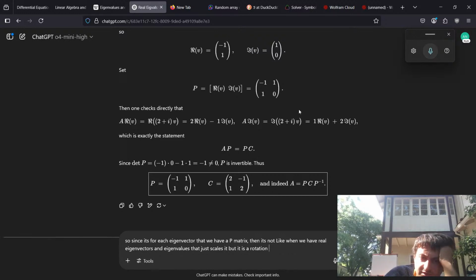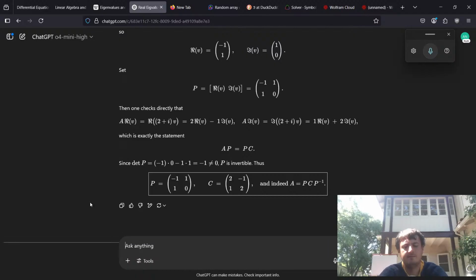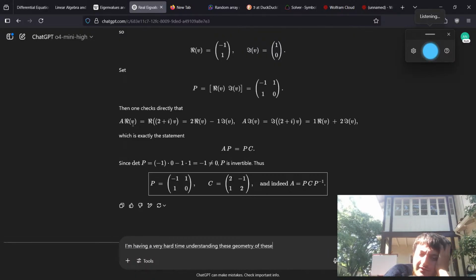Wait, is it a rotation plus a scaling? Because what does this do? I'm having a very hard time understanding the geometry of these complex eigenvectors and eigenvalues.